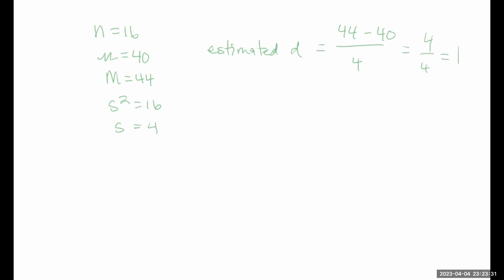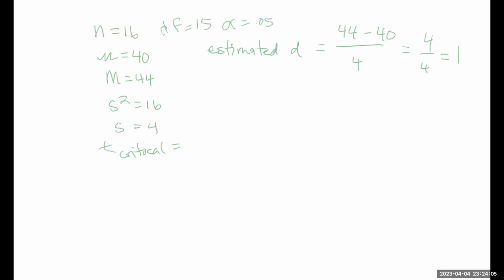Say I wanted to go ahead and solve it all the way out. Okay, so let me get my information. I need to find my critical region, my t critical. I'm just going to write that here. I know the degrees of freedom is 15, and we have an alpha level of 0.05.